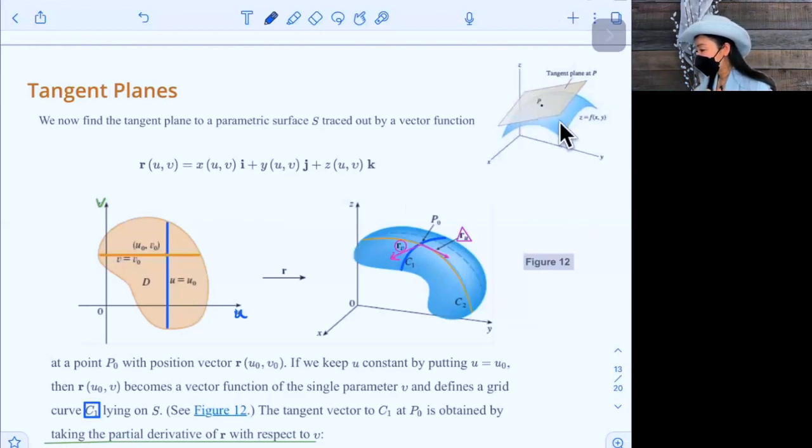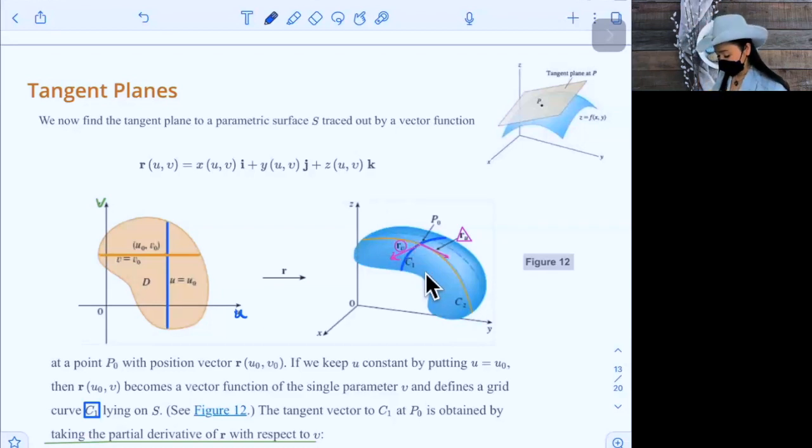This surface over here is traced out by this vector function. It has x, y, and z components. If you keep u constant, you get C1 over here. If you keep v constant, you get C2, this orange grid curve over here.